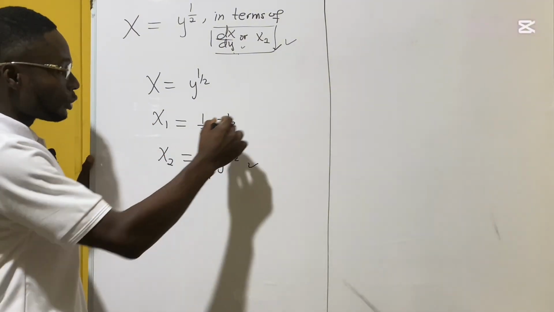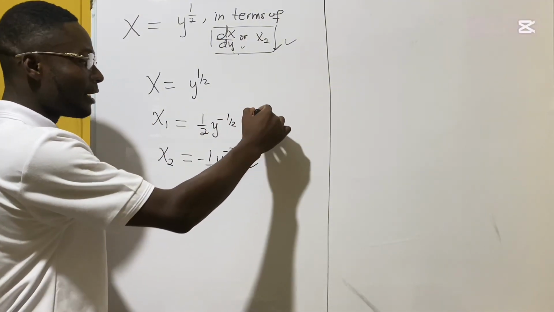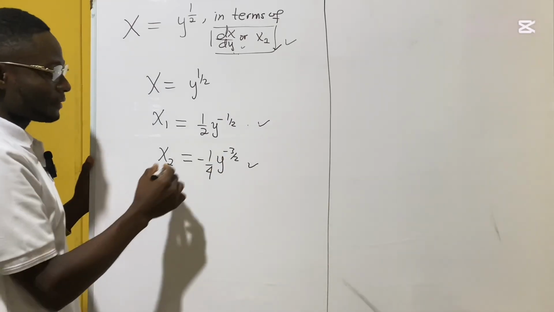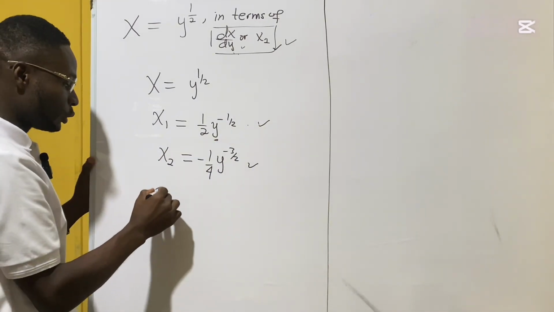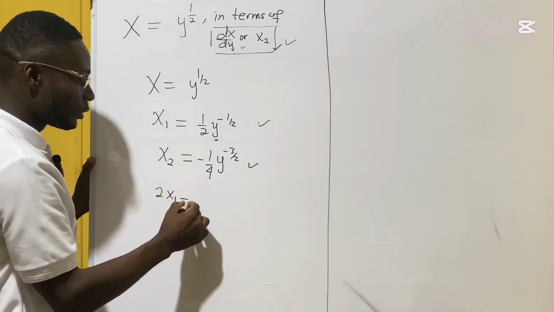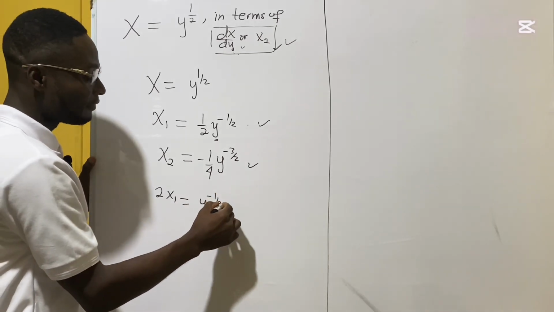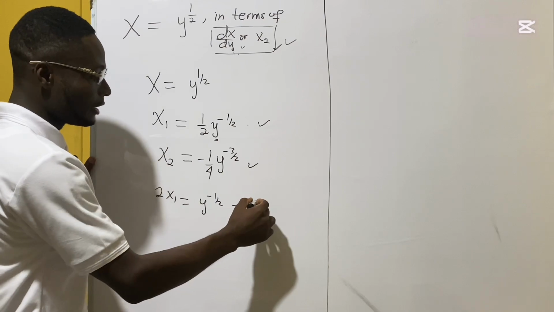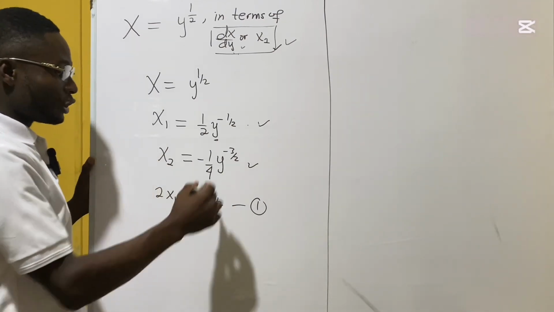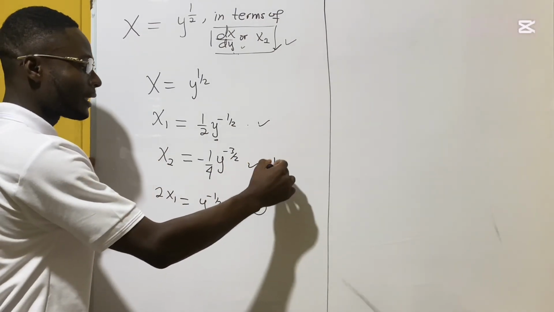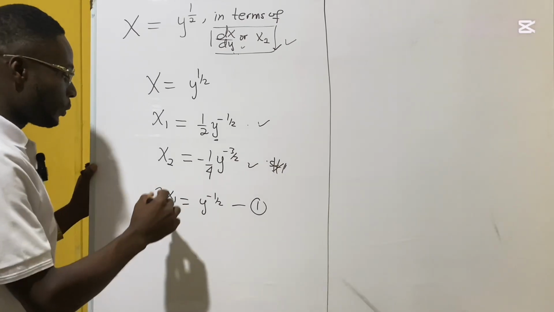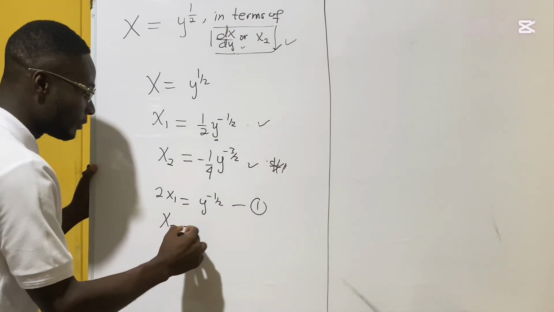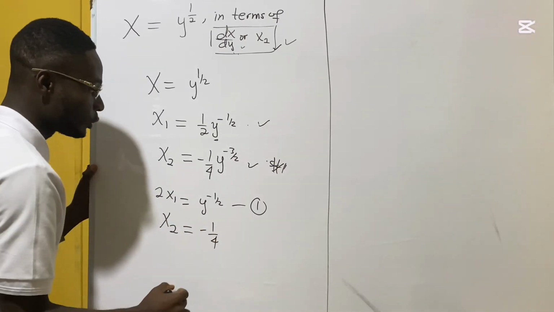Okay, so from this first derivative, we can say that 2x1 is equal to y power negative half, right? So let's say this is equation 1. So from the second derivative as well, we can express this in terms of x1, right?